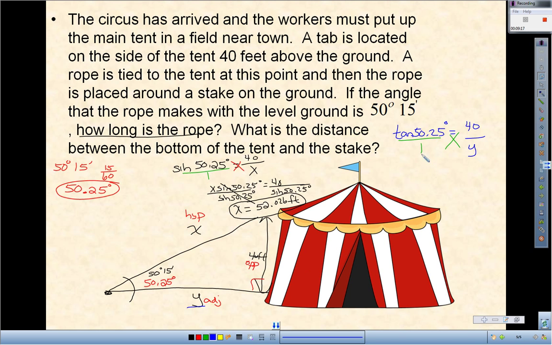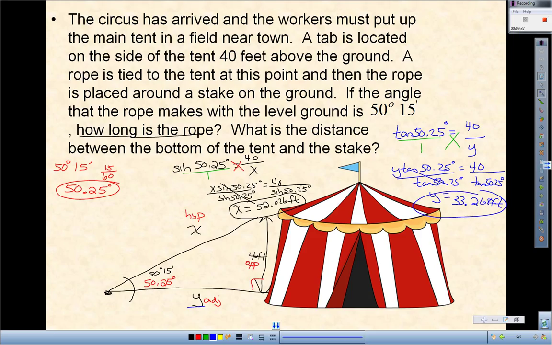And so that's going to give me Y tangent of 50.25 degrees equals 40. To solve this for Y, I'm going to divide by tangent of 50.25 degrees. And so that would give me, using my calculator, 33.268 feet. Or you could say that's about 33 feet.